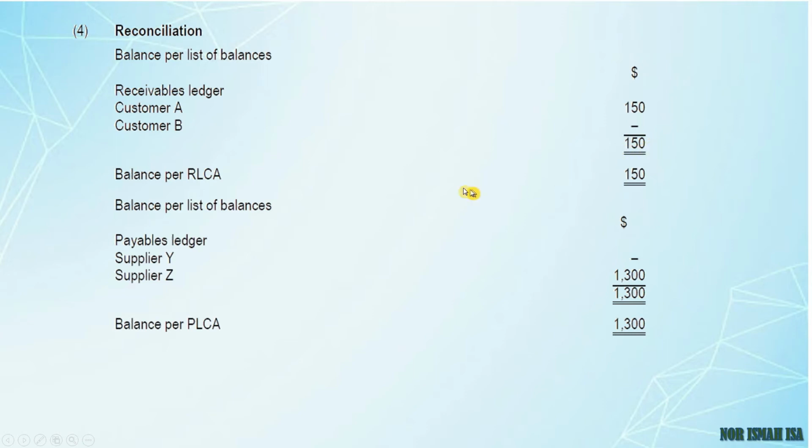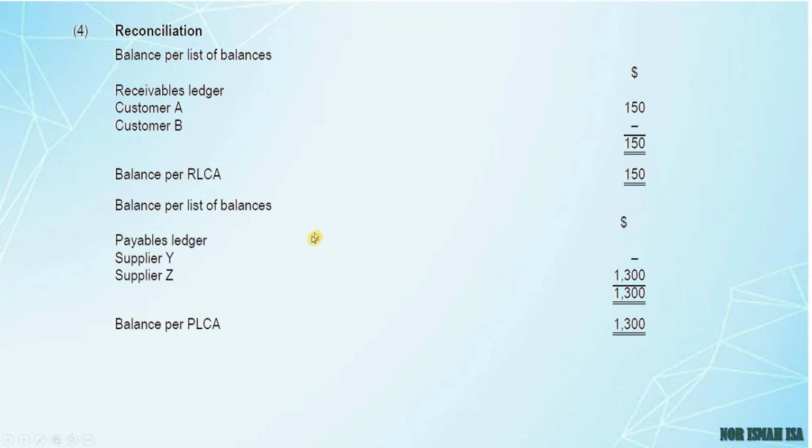And we extract the balance in the nominal ledger, which is the balance per receivable ledger control account. As I showed you before, the balance is 150. So this balance in the receivable ledger is similar to the balance in the nominal ledger. So we do not have to do the reconciliation because this is already agreed.